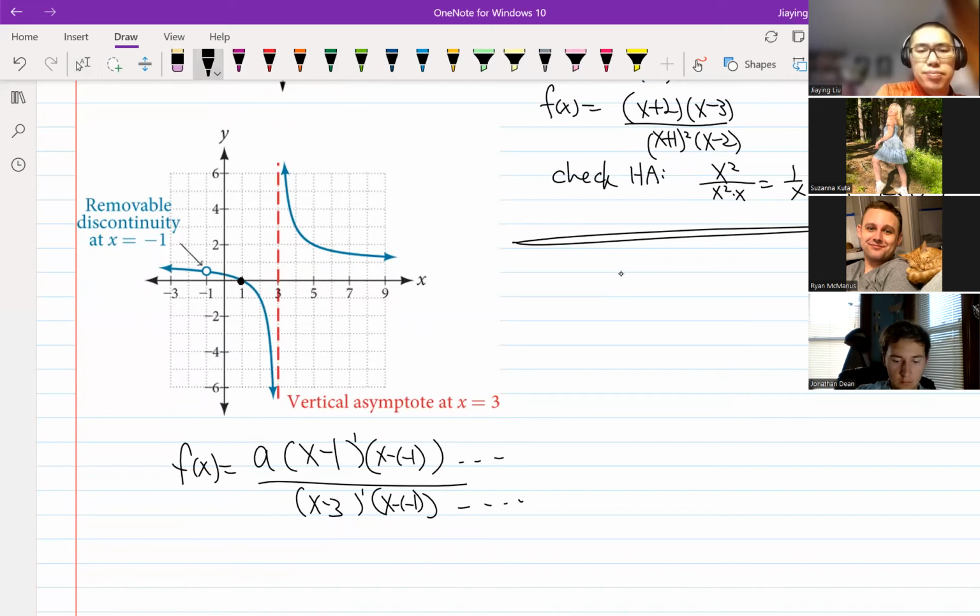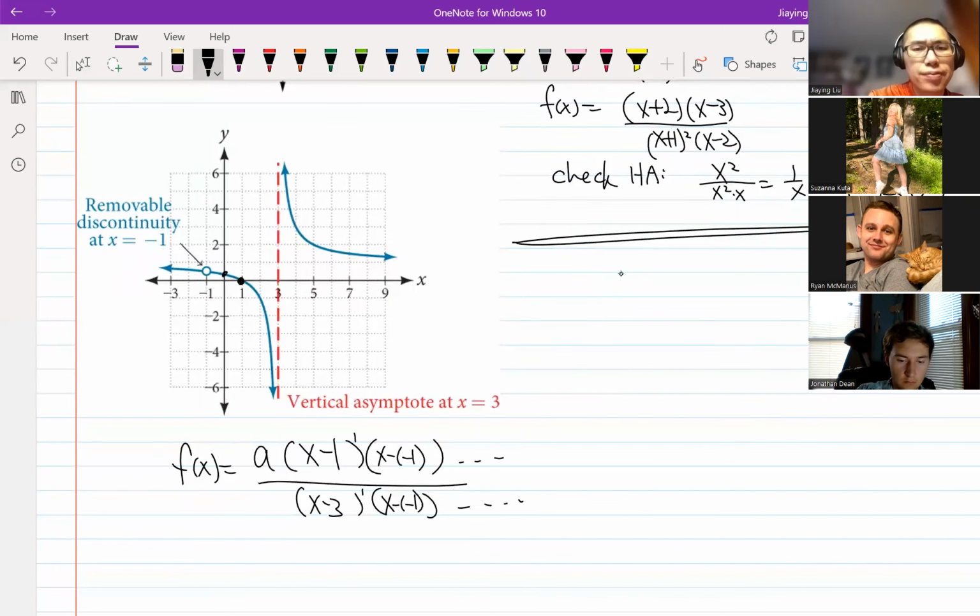Let's try to find a here. So it looks like we can use any other points that we know we haven't used yet. I guess we could just guess what the y-intercept is. Or maybe we can find some other convenient points on the graph.